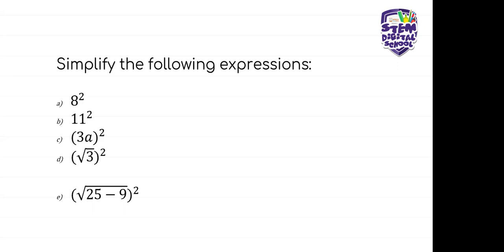And of course, the monomial as well, which is now found in C, just to square that monomial, just to simplify the expression. So this is a class activity. Please take out your pen and a paper and let us simplify these expressions.